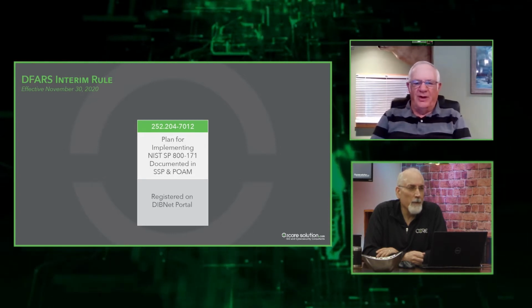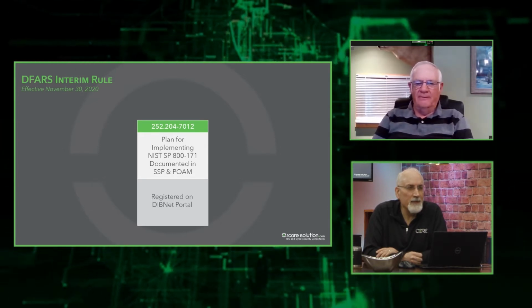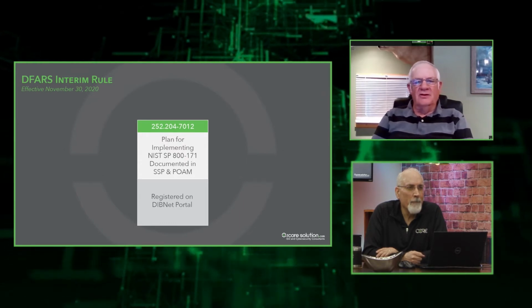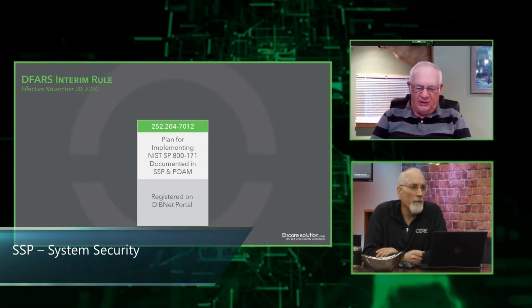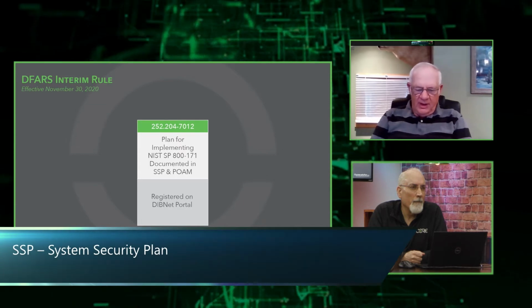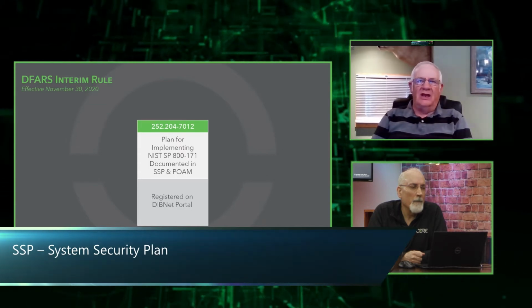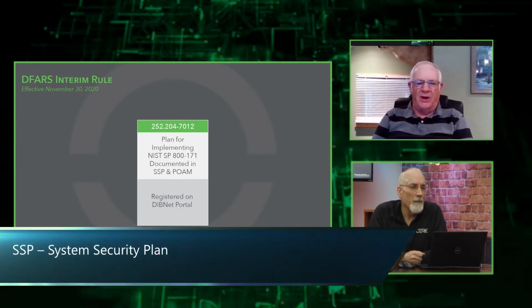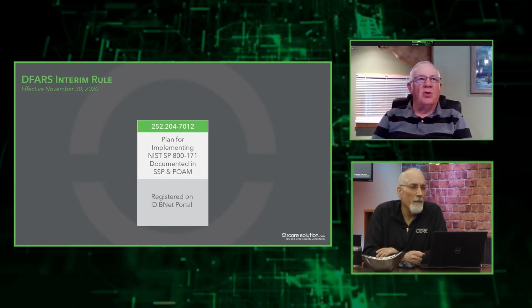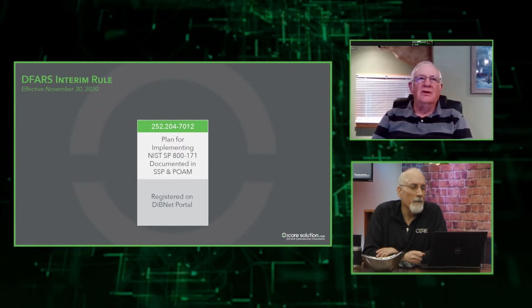Okay. So let's talk a little bit about the documentation. What documents specifically are we talking about? The documents are an SSP and a POAM. That is a self-assessment that you do about your system: am I compliant? Aren't I compliant?